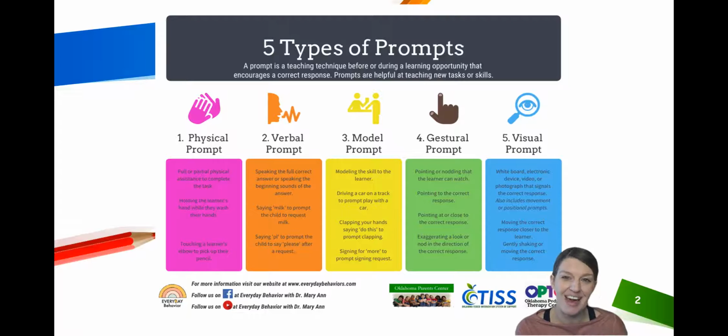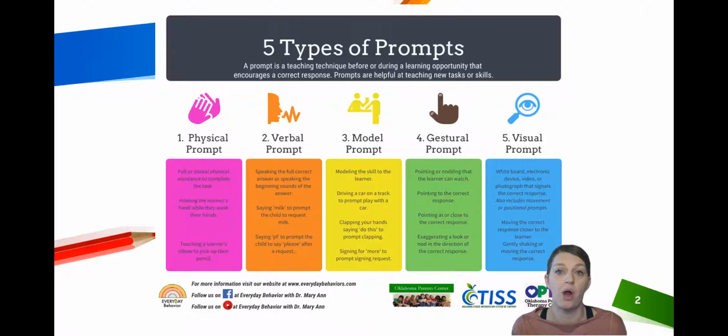You're giving that gesture, a hint, showing them the direction they should move in or where they should go. You're pointing at the right thing. You are exaggerating your look to where they're supposed to go, or looking right at it. So it's some kind of gesture that you're using with your body. You're not engaging in the correct response, but you are giving them a strong physical hint towards where they should be looking, where they should be moving their body.